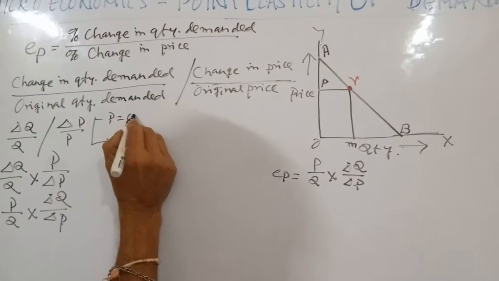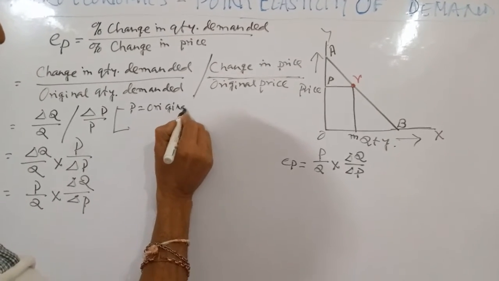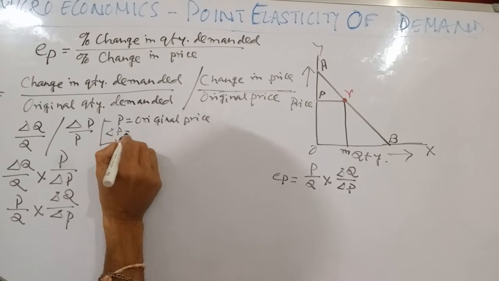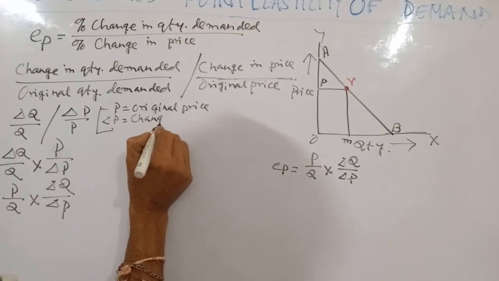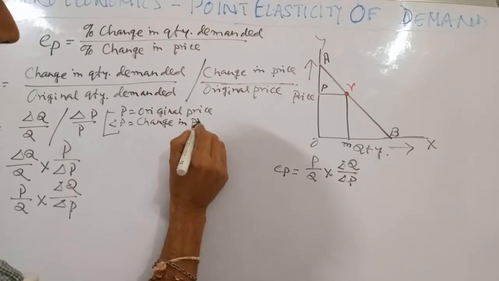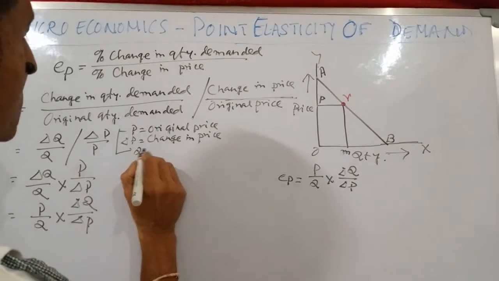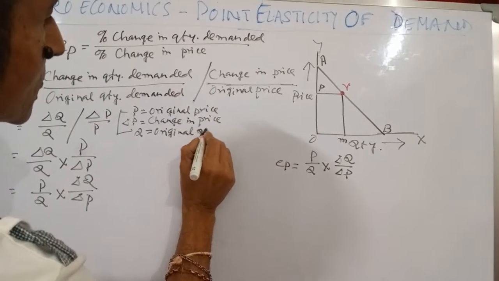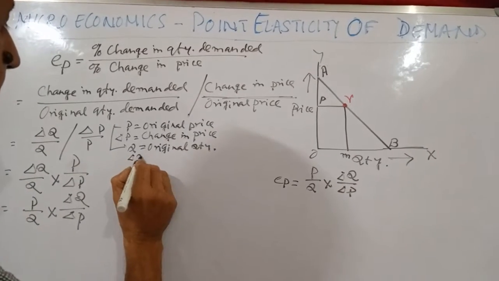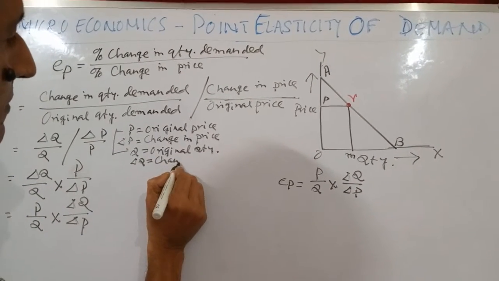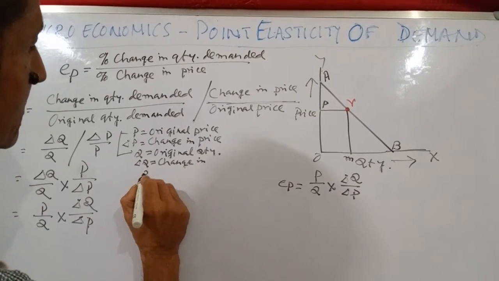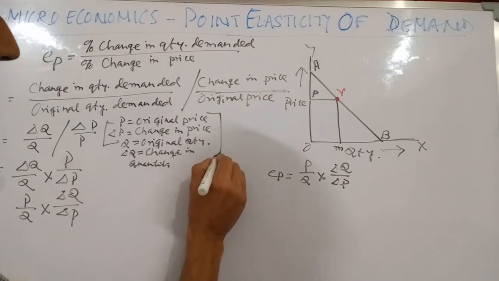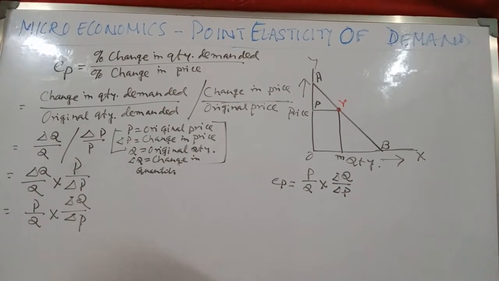P equals original price, delta P equals change in price, Q equals original quantity, and delta Q equals change in quantity. Correct?